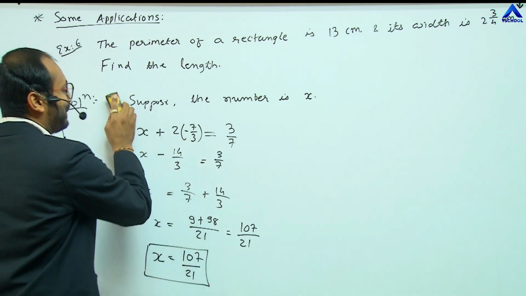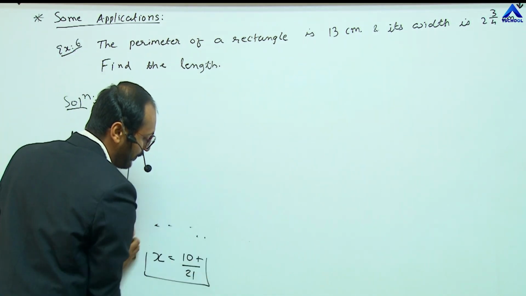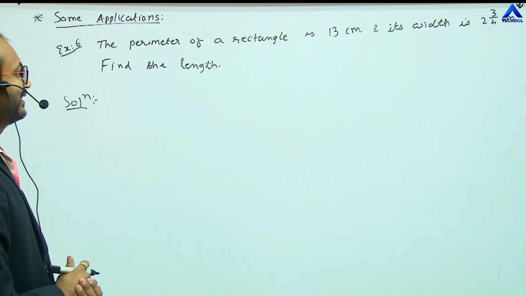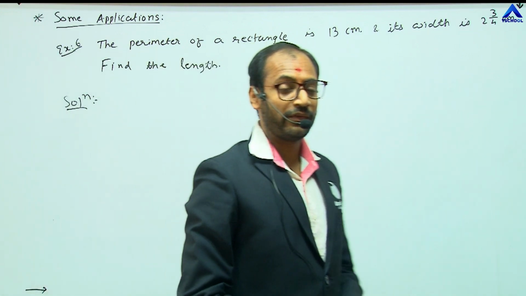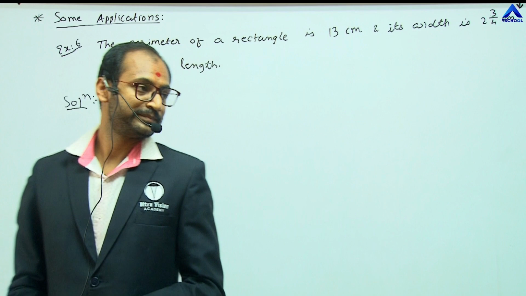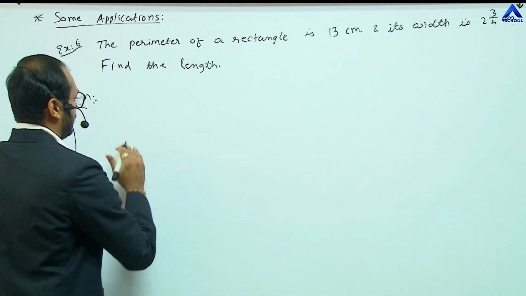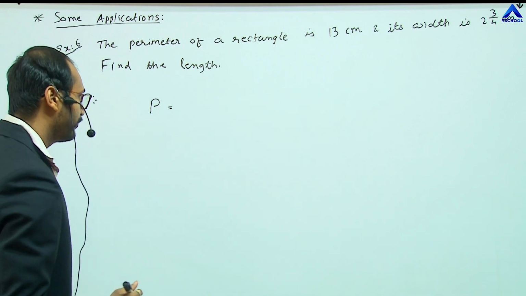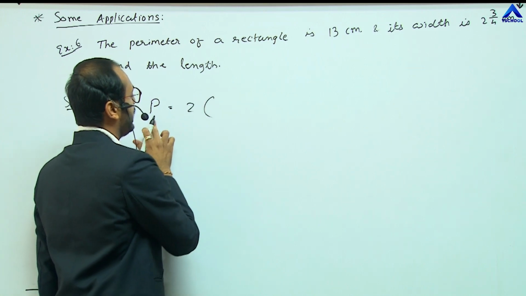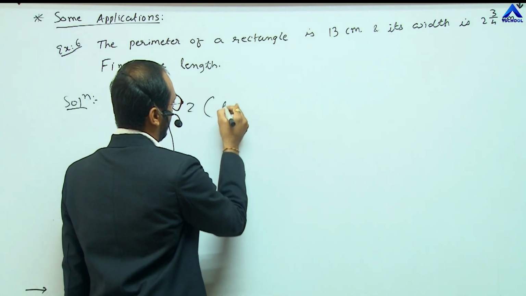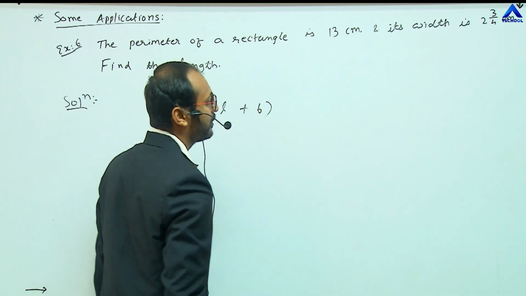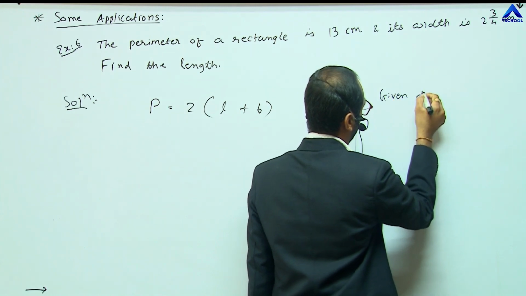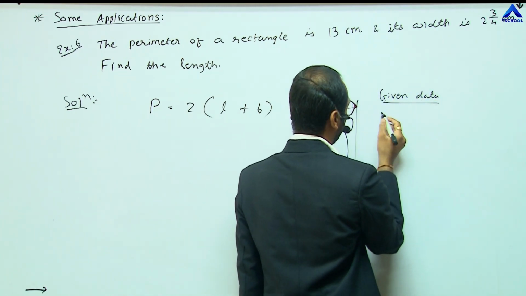Now this is the practical application of the given equation. How can we find the length of the rectangle? We know the equation of the perimeter of a rectangle: the perimeter P of a rectangle can be found using P equals 2 times length L plus breadth B. What data are given?